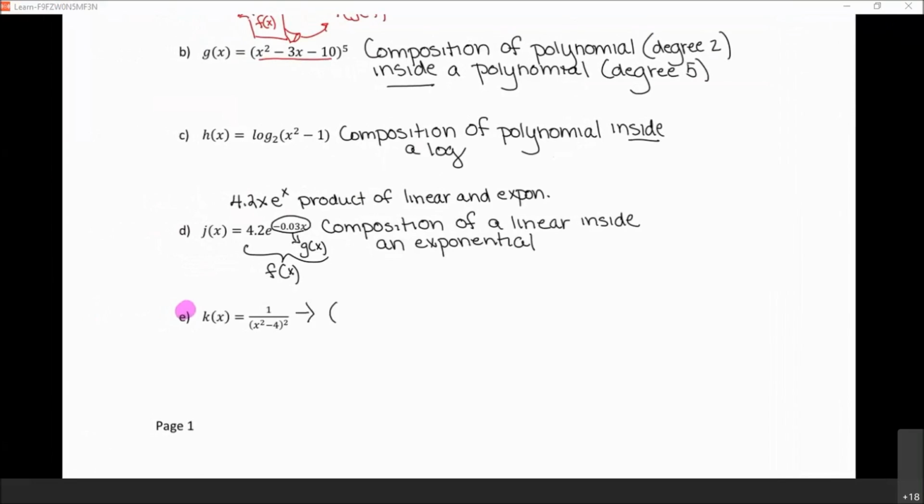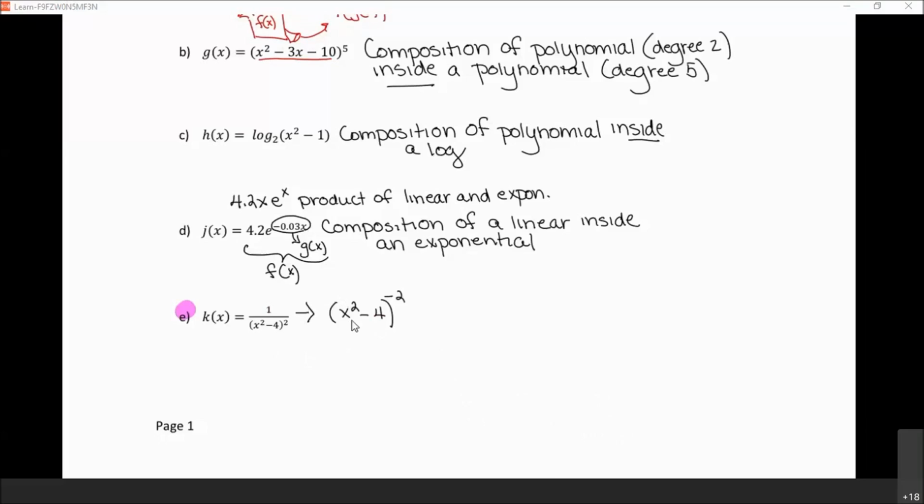This can be rewritten like this. So you can think of it as not necessarily a quotient. Technically you can use the quotient rule on it, but it's going to be pointless because the derivative of your numerator is 0. So it's like a lot of fuss for nothing.